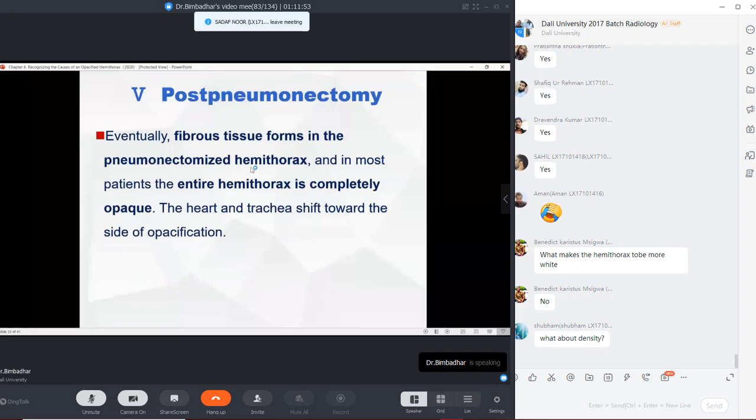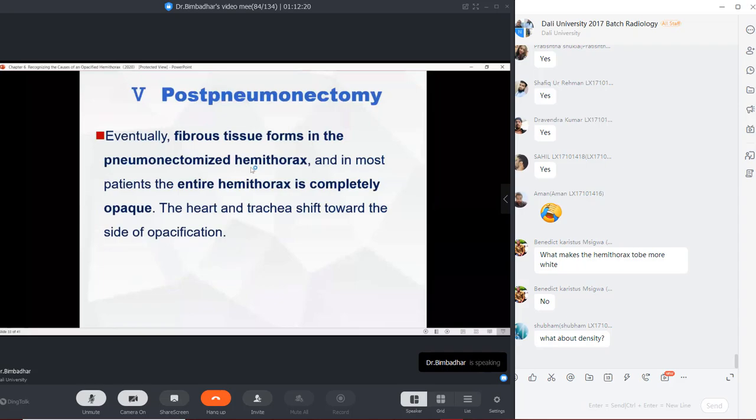Yes, filling up of fluid inside the pleural cavity is called pleural effusion, but this is not filling up in the pleural cavity. This is filling up of fluid in the thoracic cavity because of the absence of the lung. So it doesn't matter even if I'm putting 5 liters of fluid inside there, it will not cause the tracheal shift. Get it? Is this clear now, Benedict?